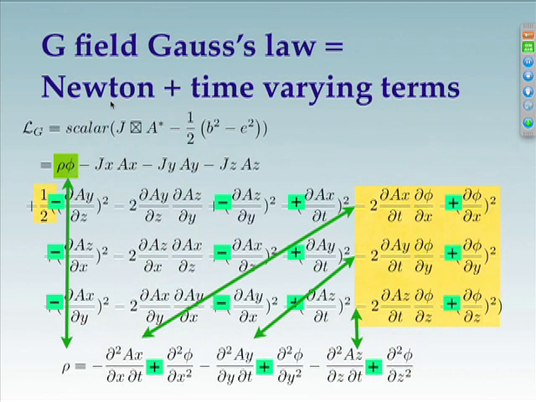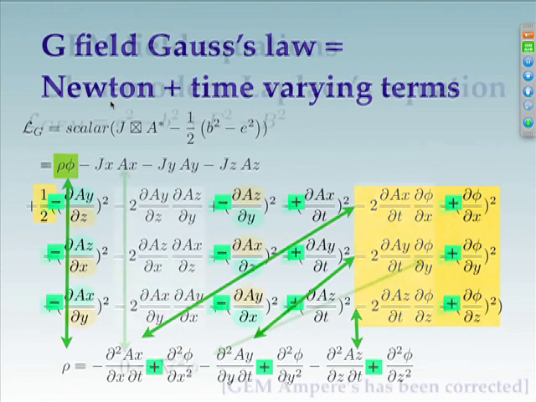This is only about gravity, where everything flips signs in this Lagrange density except the cross terms, and we end up with Newton's law down there. Rho equals the Laplacian of a scalar field, and a time-dependent one, and that's very vital because it means that the time-dependent change in the mass density has time to propagate and be consistent with special relativity.